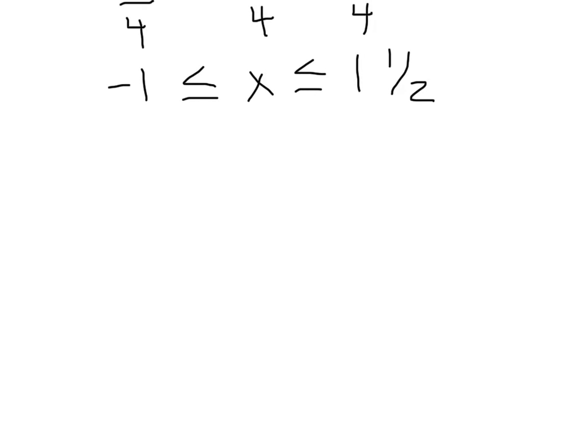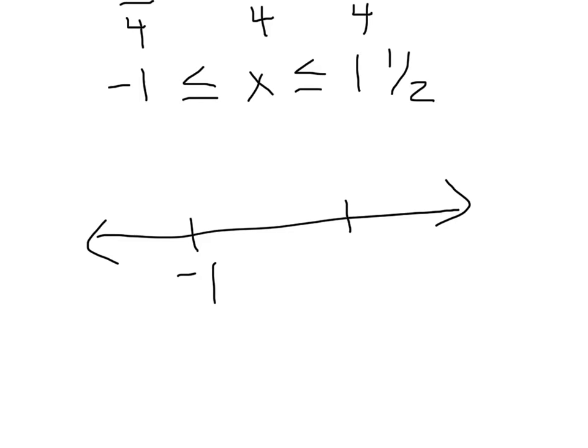So let's graph this on a number line. We have negative 1, we have 0, we have 1 and 2. X can be equal to negative 1. It can be equal to 1 and 1/2.